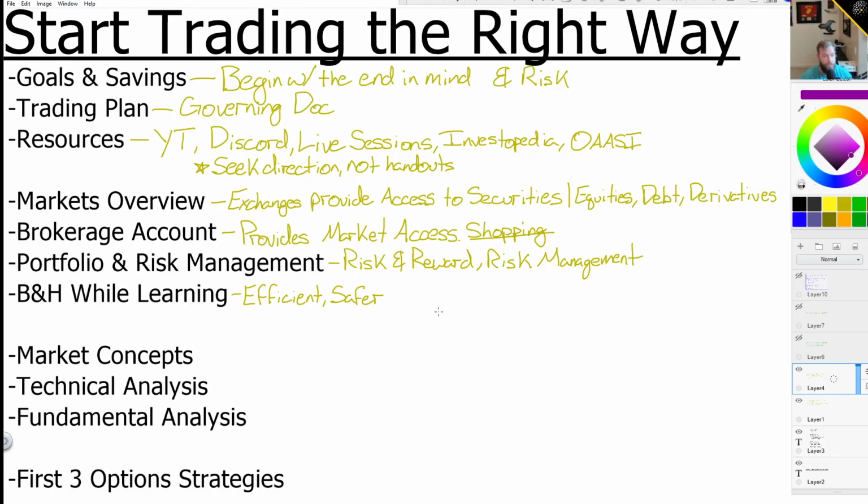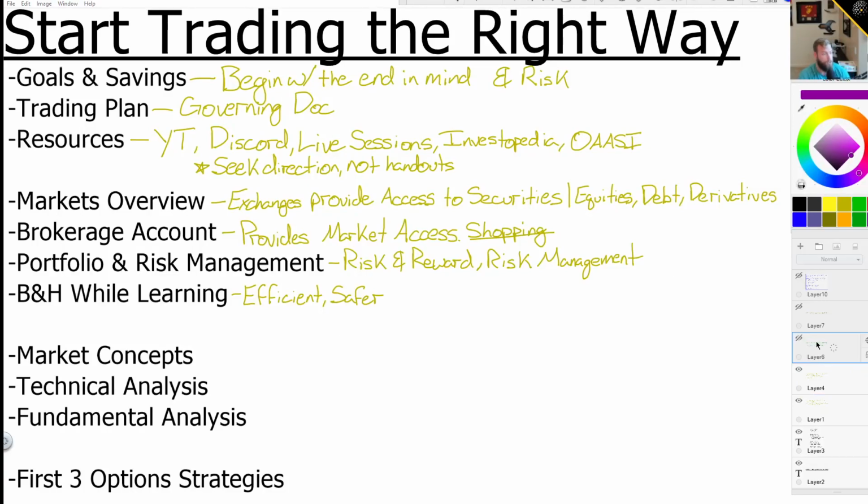If you do not have discipline, you will not be successful trading. And that is just how it's going to play out, because there's going to be plenty of times where you need to control your emotions, your own thought process. And even though you want to go left, you've got to go right, and you've got to make yourself go right. So I think paper trading is good for a lot of those reasons.